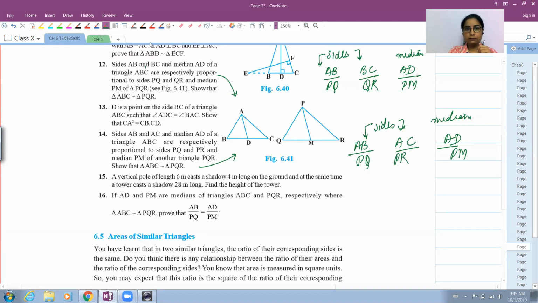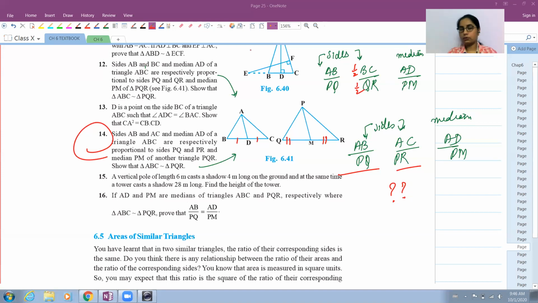We used their halves here, if you remember, because the medians were bisecting the base. But in question number 14, we cannot write down halves of any of these, because the ratio of the sides on which the medians are drawn is not given. So that's the difference between question number 12 and question number 14.